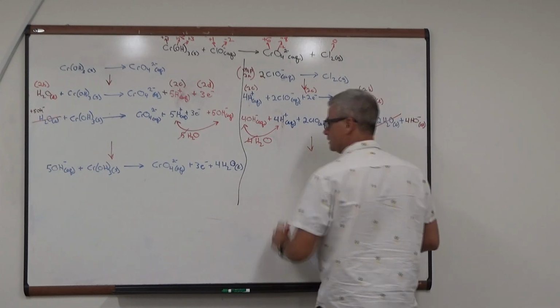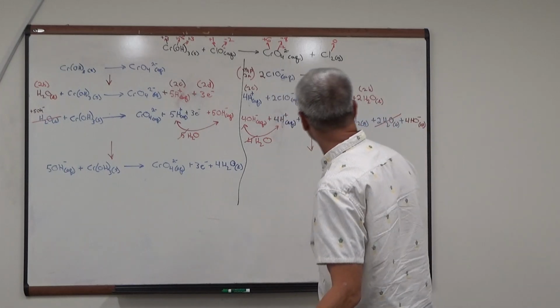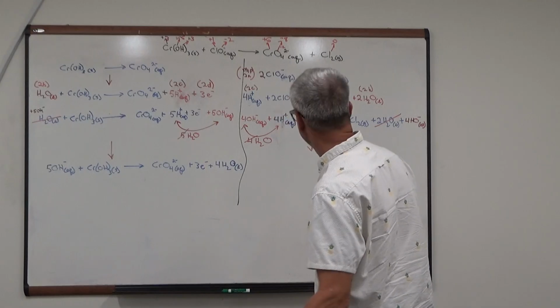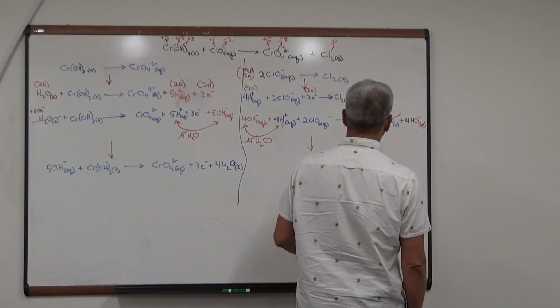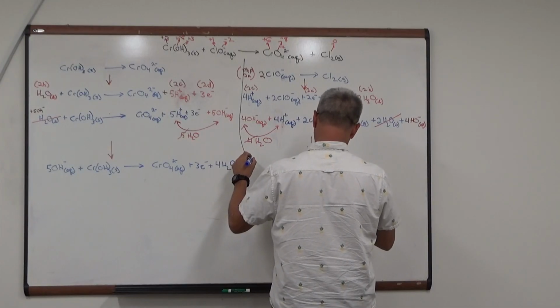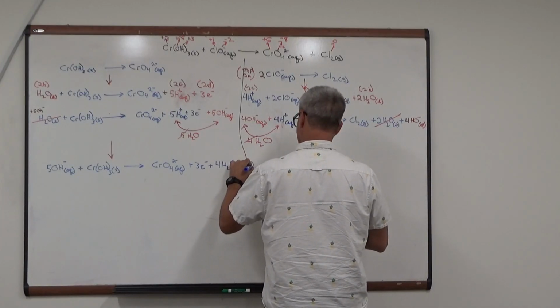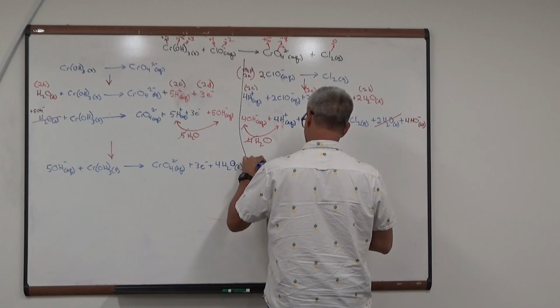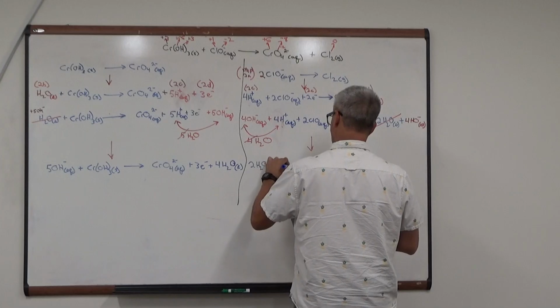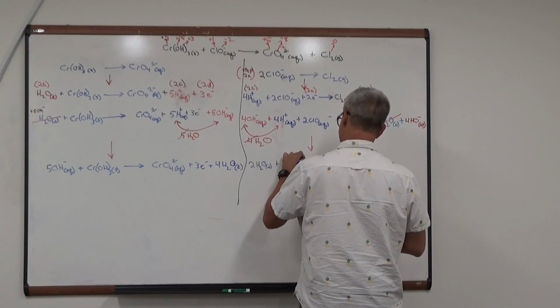All right, so that we end up here with, what do we end up with? We're going to end up with, let me make sure I'm on the right track. I am. We're going to end up with 2H2O liquid plus 2 hypochlorites.